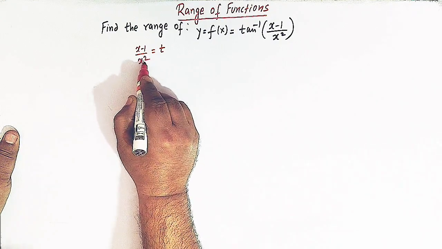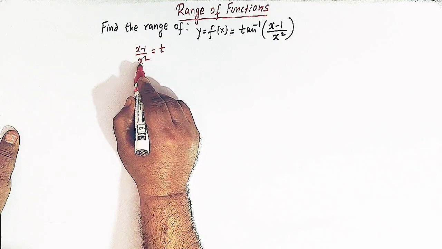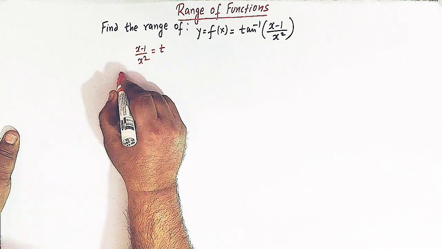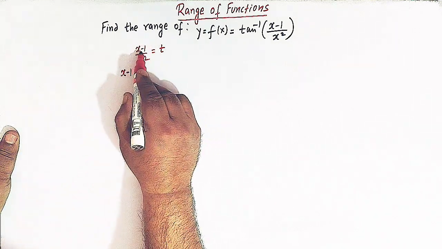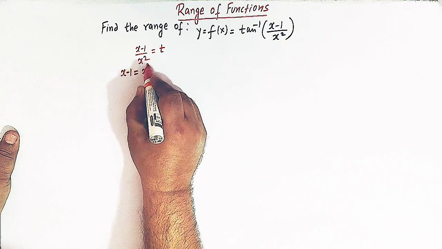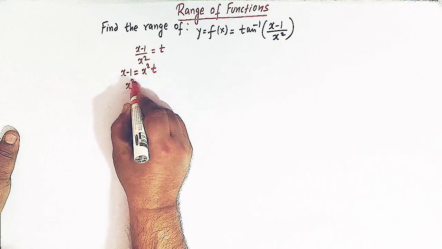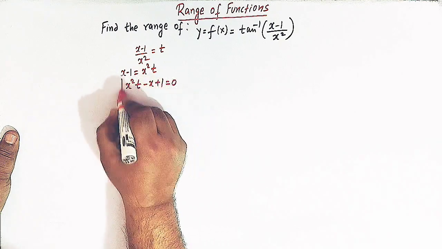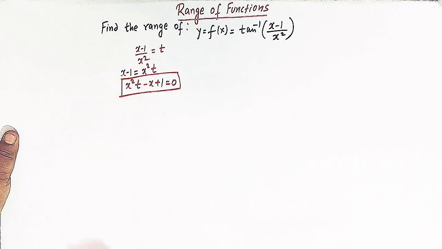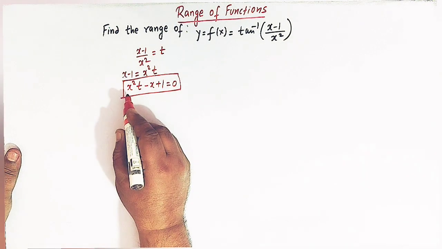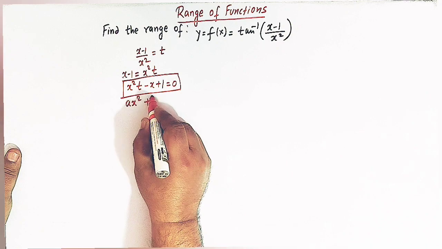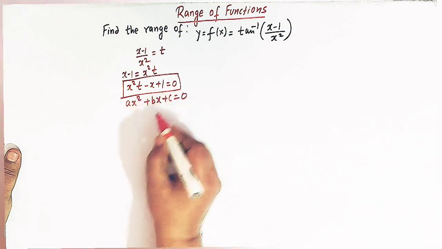Here we can see that the highest degree of x is 2, so we are going to get a quadratic equation. Let us solve this equation. x minus 1 is equal to x square t, and we have x square t minus x plus 1 is equal to 0. So this is a quadratic equation in x. Now let us compare this equation with the standard quadratic equation, ax square plus bx plus c is equal to 0.